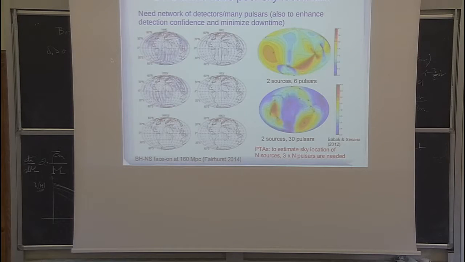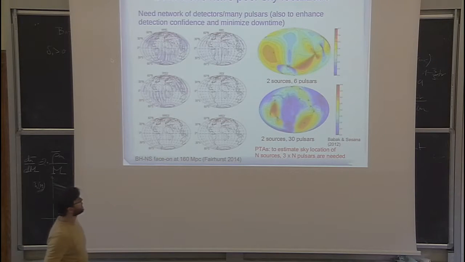The response of a detector is given by the pattern function for the cross mode times h cross plus the pattern function for the plus mode multiplied by the plus mode. So with a single detector, you will not be able to measure polarizations. You need at least 2 detectors. And then the more detectors you have, the better. Is this what you're asking? Well, if not, ask me again later.